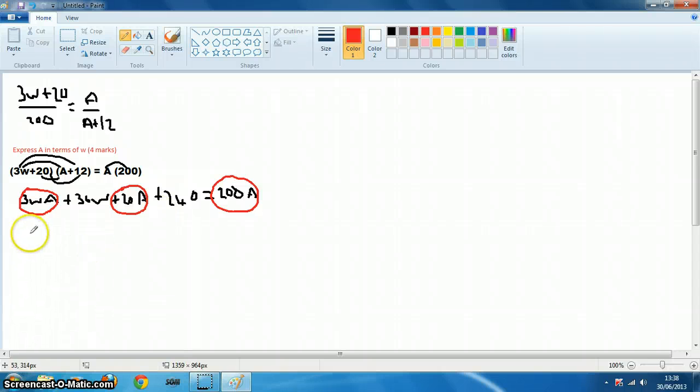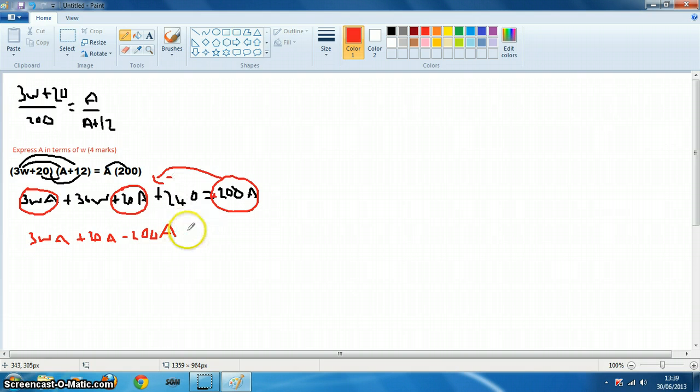In other words, it will become 3WA plus 20A minus 200A. Notice that it is minus 200A because the 200A moves to the left hand side, and it was a positive 200A, but now it becomes a negative because it's moving onto the other side. The opposite of a positive is a negative, inverse operation.